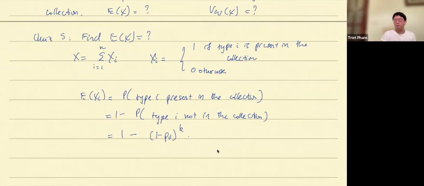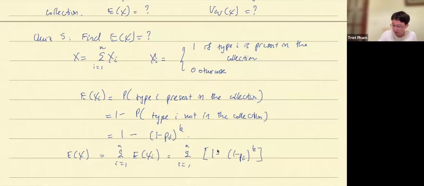And then of course, the expectation of X will be the sum, which is this sum.